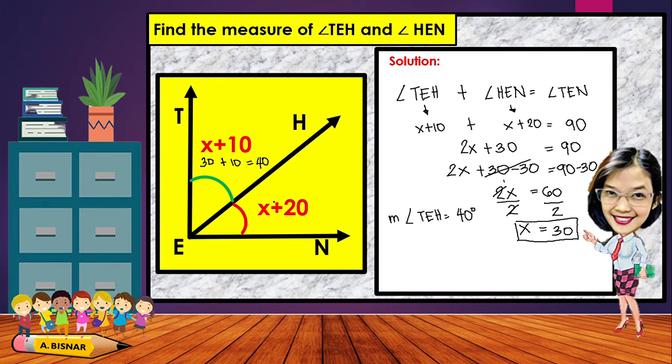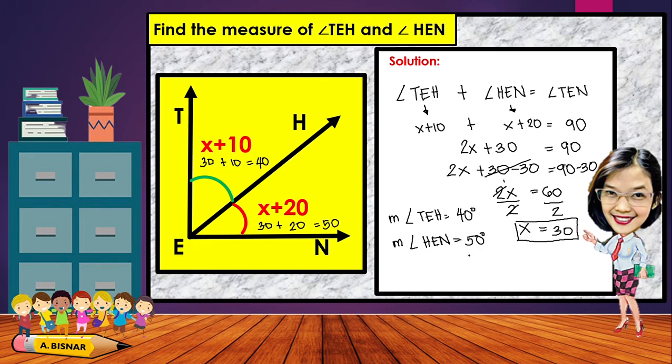How about with this one? The value of x is 30. So 30 plus 20, the answer is 50, which means to say that the measure of angle HEN is equivalent to 50 degrees.